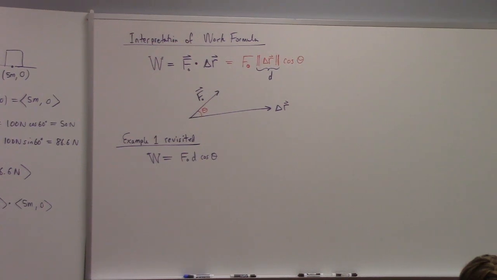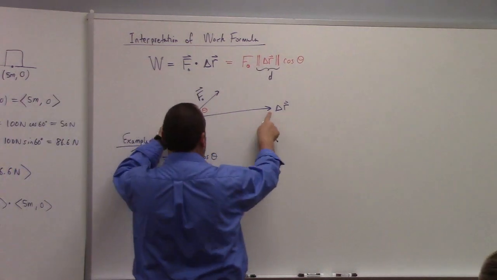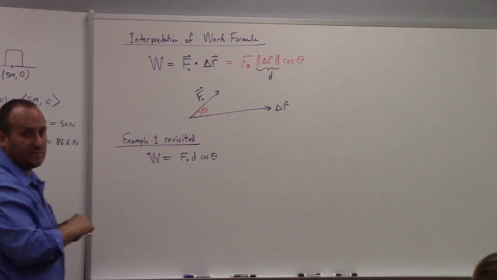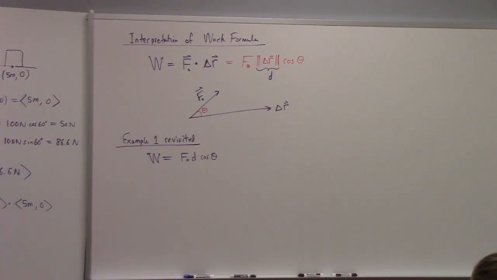The distance is the length of this vector. So I have to take the square root of the sums of the squares to find distance, and in 3 dimensions it's the same with three squares.